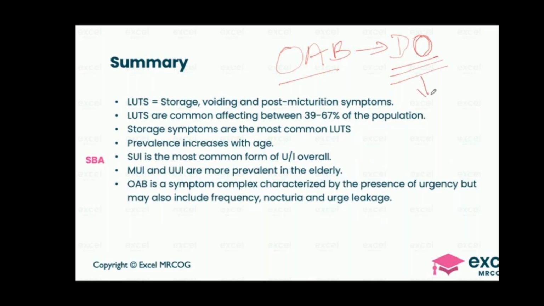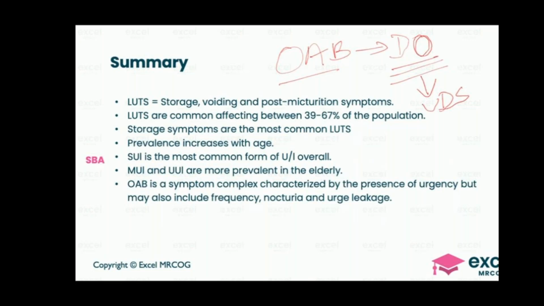It is urodynamically proven. When urodynamic studies show objectively that there is increase in the contractility of the bladder, that is detrusor overactivity. While overactive bladder is the symptom complex, when she presents to you with symptoms like urgency, frequency, nocturia, urge incontinence, that is overactive bladder.